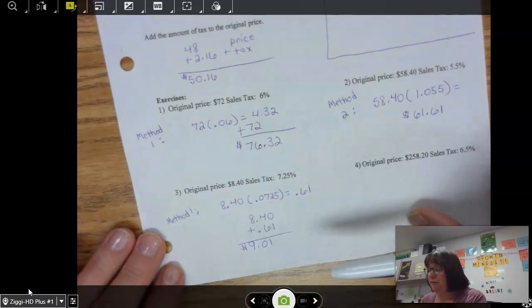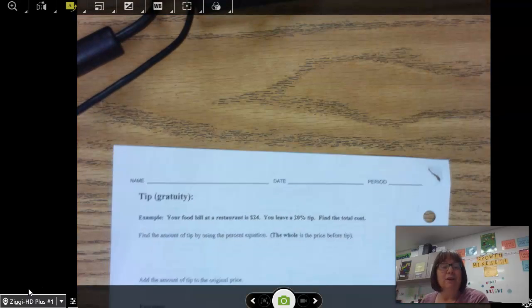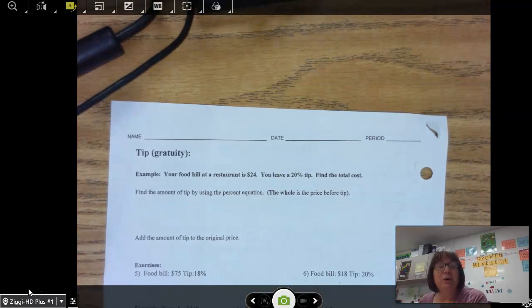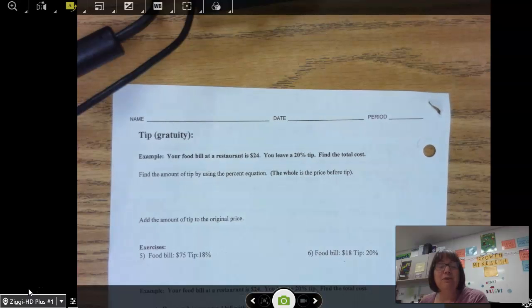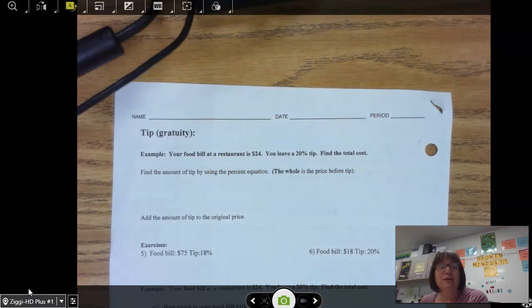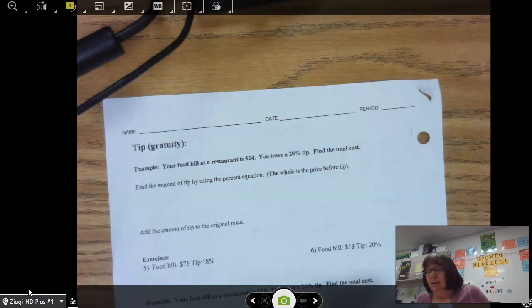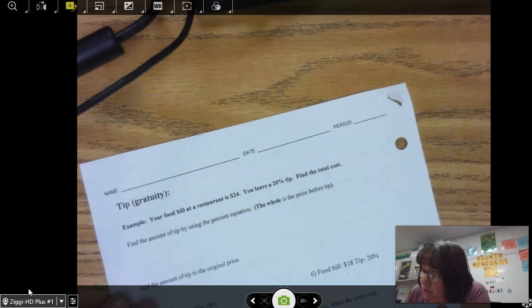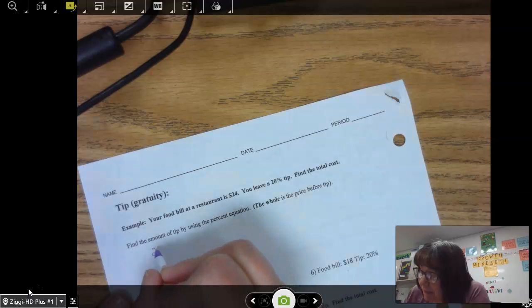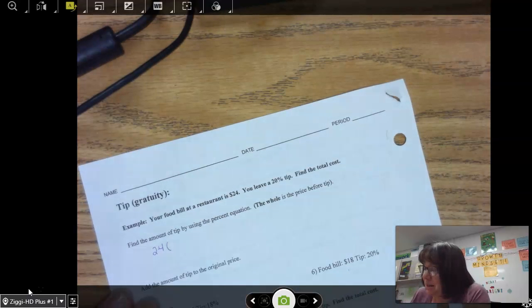All right, let's try a few problems with tip now. Okay, your food bill at a restaurant is $24 and you leave a 20% tip. Find the total cost. So tip, like tax, is something that you add on to the amount. So we're going to take the price and we're going to multiply by the tip.